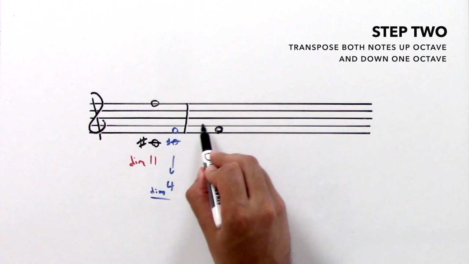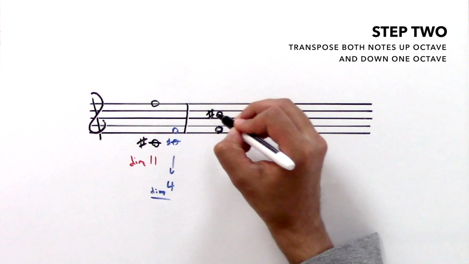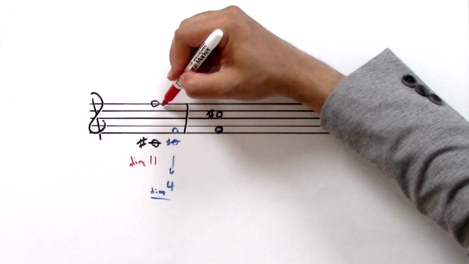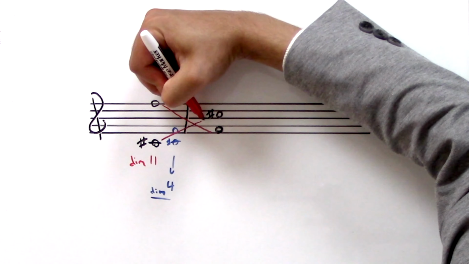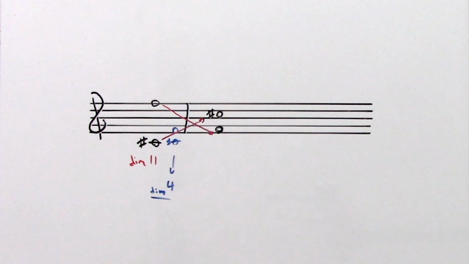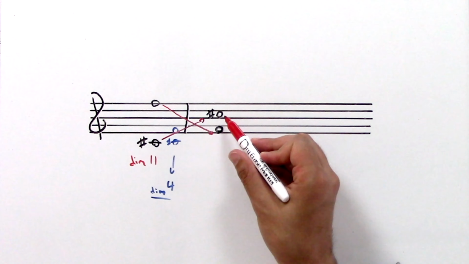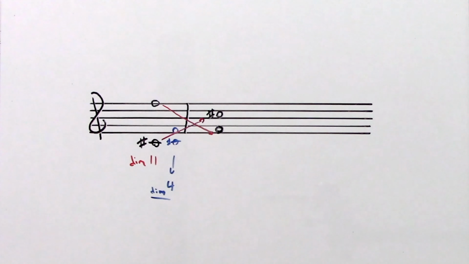And then the C sharp will be transposed up here. So we transposed the top note down an octave, and we transposed the bottom note up an octave. And again, we were left with an interval that is of a lesser distance than an octave. So this is a simple interval, and that's a compound interval.